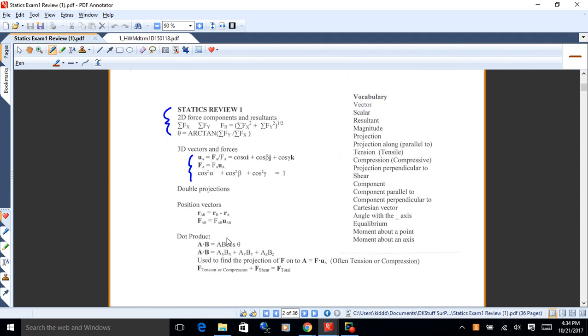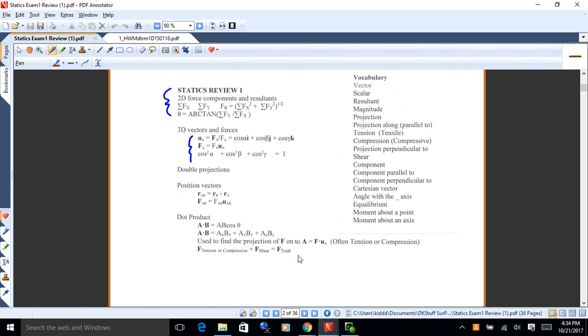Okay, we also covered dot products, which gets you the projection of a force onto a line. Dot product is a scalar. You just multiply the like components together of the two vectors and add up the products. Once you have this projection of a force onto a line, which if it pulls on the line is tension, or if it pushes in on the line is compression, that is one of the two components of the total force.